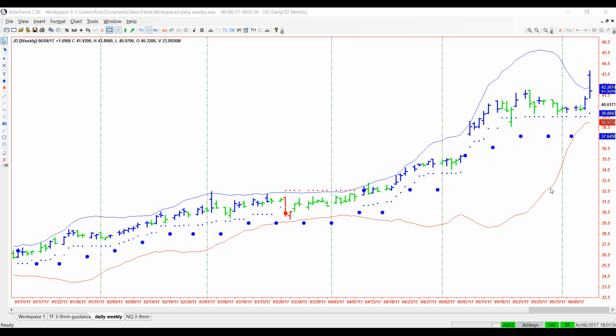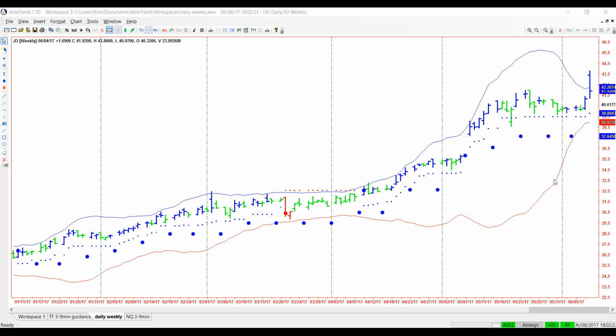It's not giving us a lot of profits, but it's not giving us much in the losses department either. In other words, some small losses, that's it. And again, with any other indicator, you just get completely killed in choppy markets. So the guidance chart is at least keeping us from getting beat up.